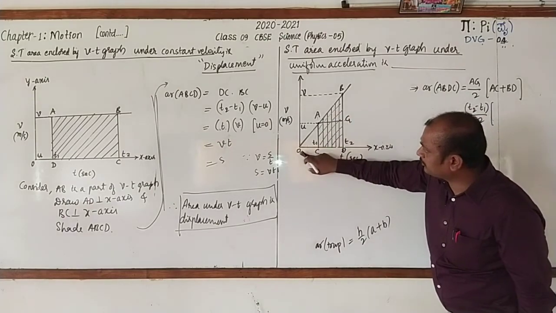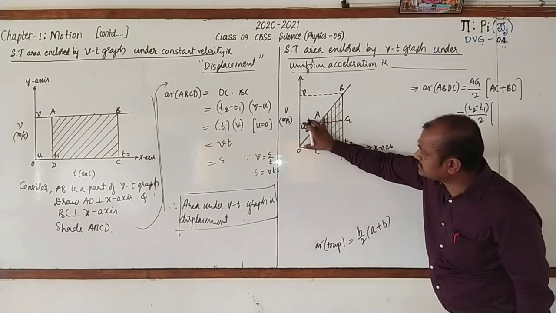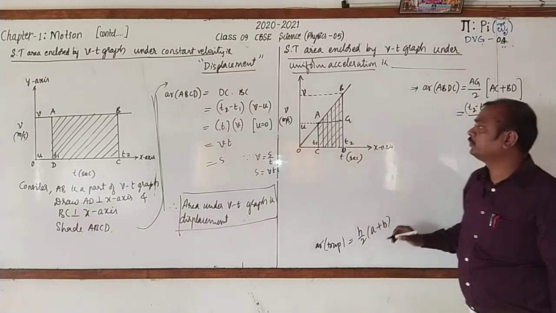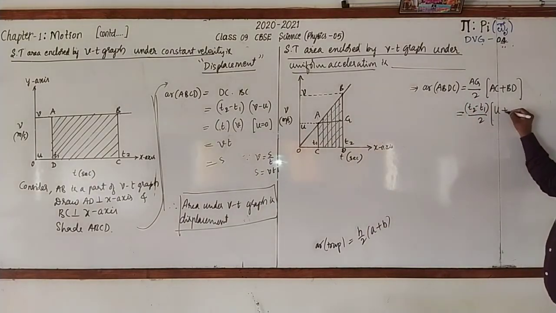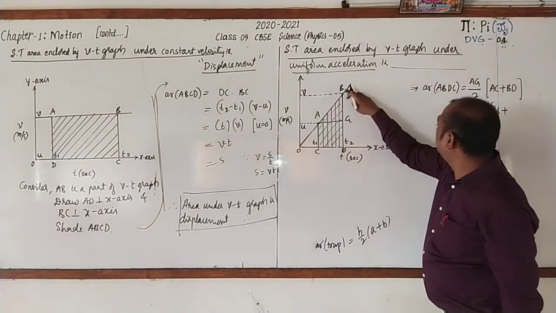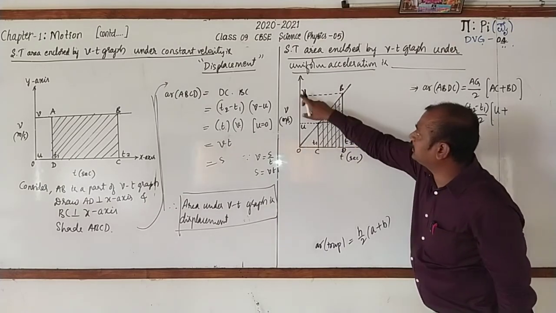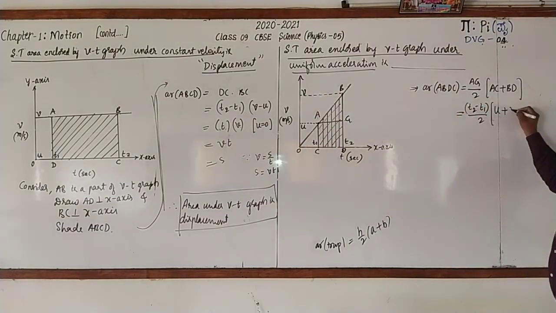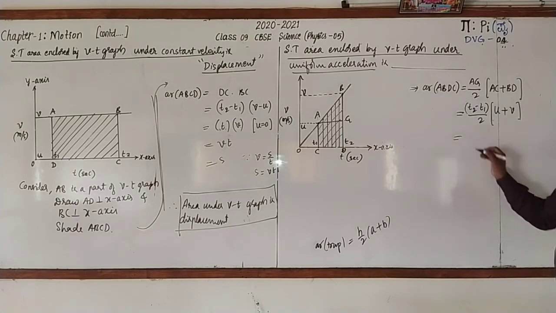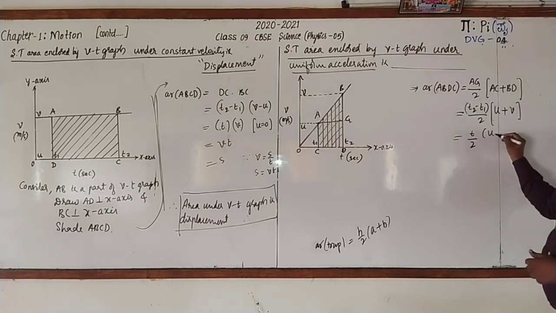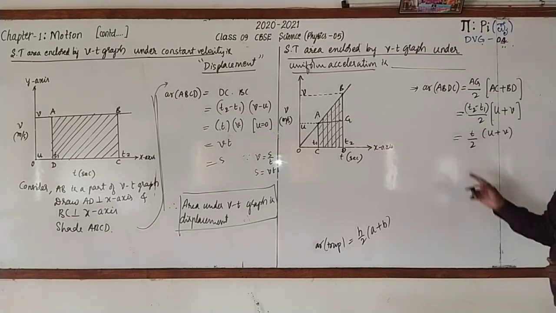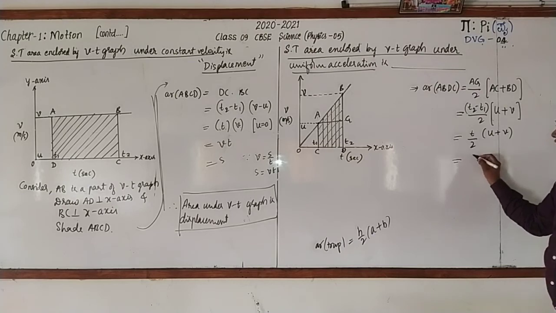Look here, from C to A, this distance is U, plus B to D, from here to here, it is V. What is T2 minus T1? It is just T. So T by 2 into U plus V. Here I'll write it as T into (U plus V) by 2.